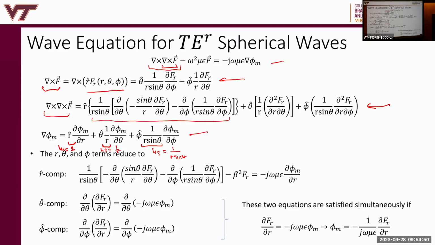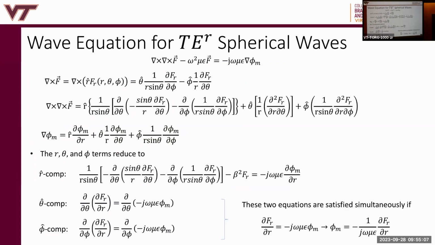So here's R. We have this part, R. We have minus beta squared still from here. And then we have minus j omega epsilon times the gradient of phi, but the R component of it is here, so that goes here, right? Okay, and then the theta hat component and the phi hat component. So now we have an R, a theta, and a phi component. They're differential equations, right?